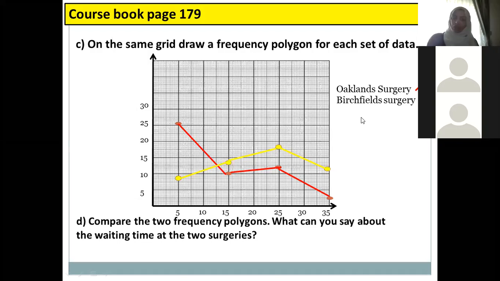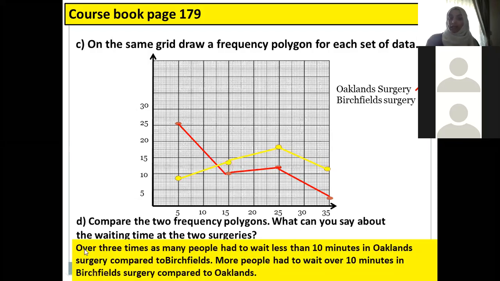So what we're doing now is interpreting these diagrams or frequency polygons and drawing conclusions from the data that we have. We can find that over 3 times as many people had waited less than 10 minutes in Auckland surgery compared to Pitchfield.